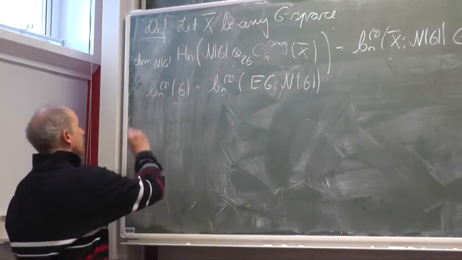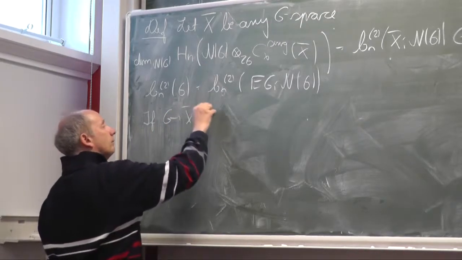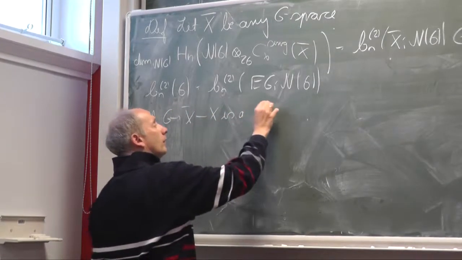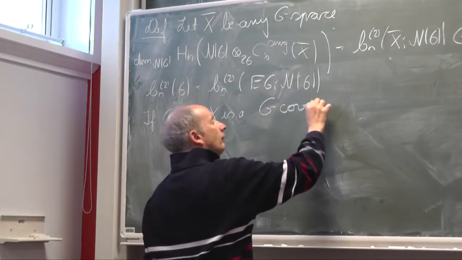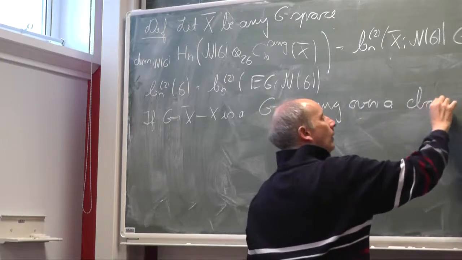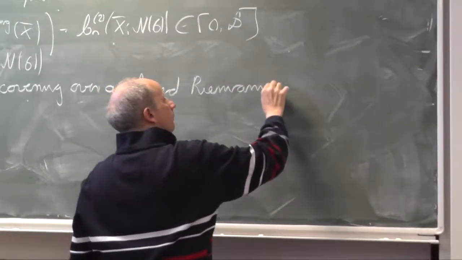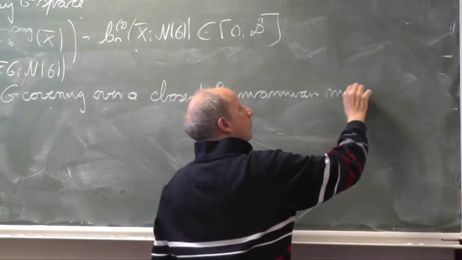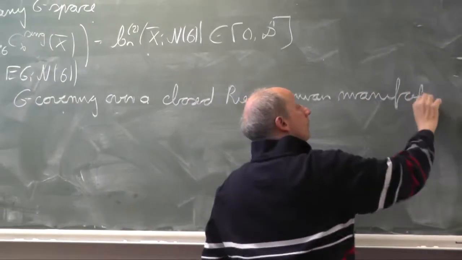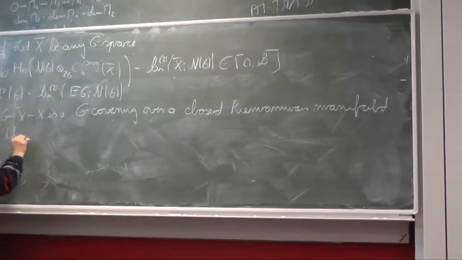And very important, if we have a G covering over a closed Riemannian manifold, then this definition reduces indeed to the one we started with.